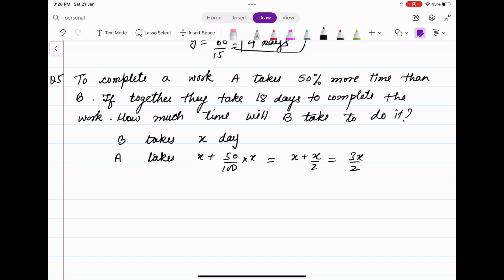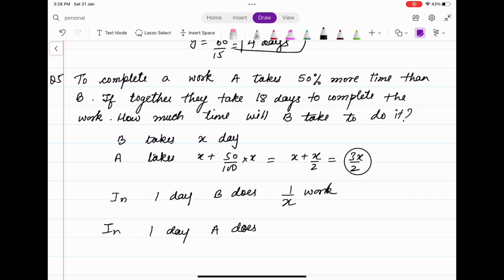So now we come back to the same method. In one day, B does 1 by X work. In one day, A does reverse of this. It will be 2 by 3X work.